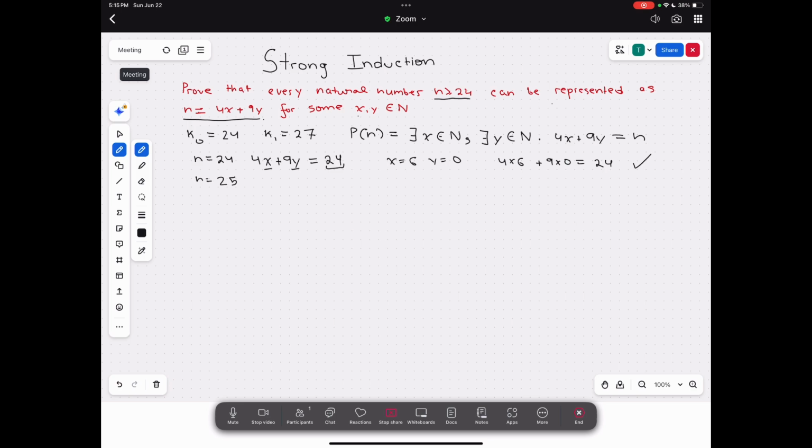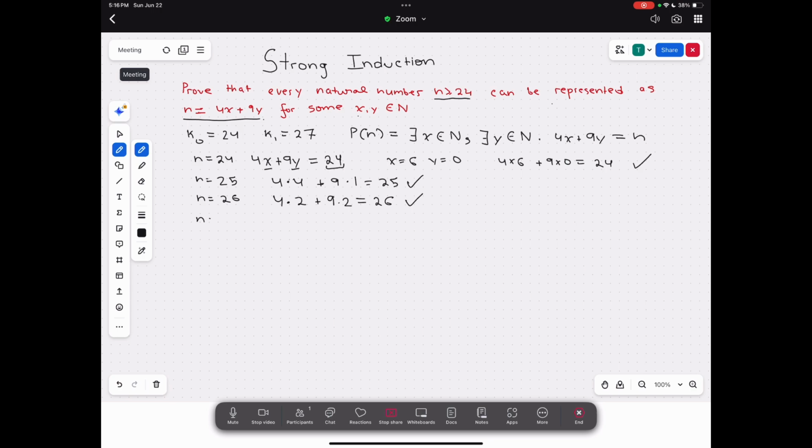Similarly, when n is equal to 25, we can do 4 times 4 plus 9 times 1, which is equal to 25. We found another combination, so this base case is also established. When n is equal to 26, this is our second last base case, we could do 4 times 2 plus 9 times 2, which is 26.